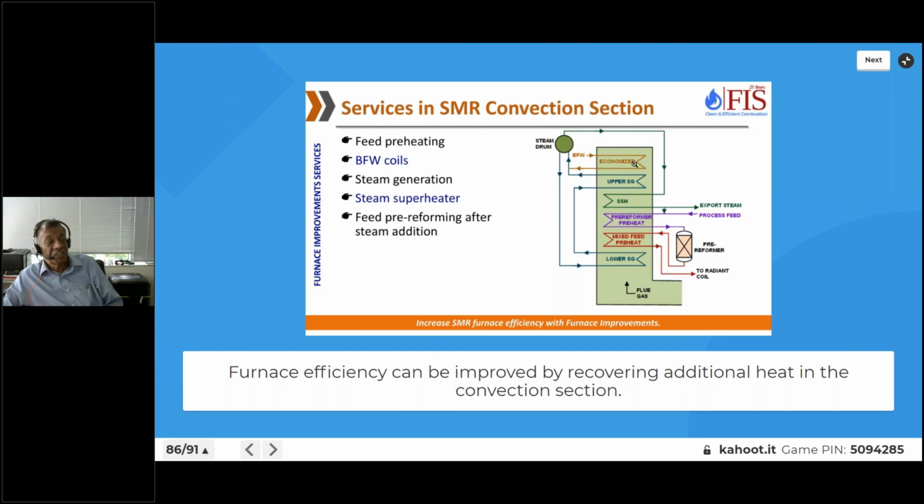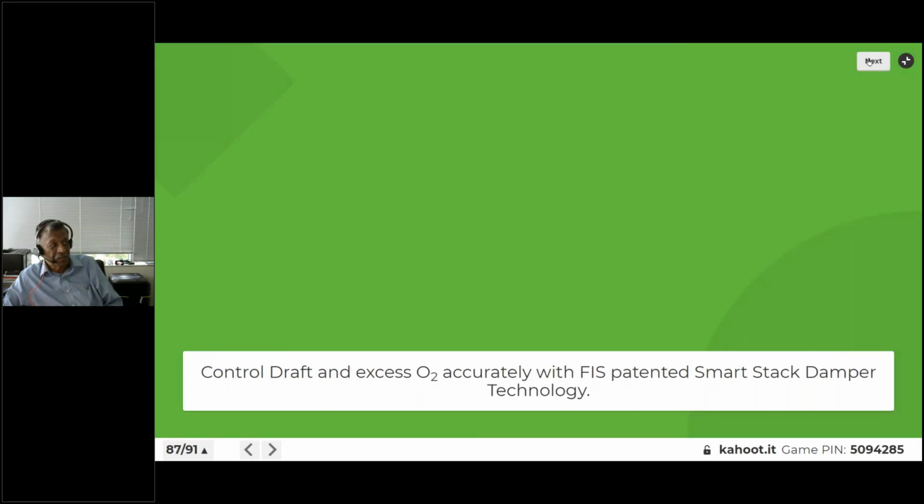And then the convection section, we will talk more about convection section later. It is very large and has a lot of services for recovering the maximum amount of heat from the flue gases, generally steam generation.